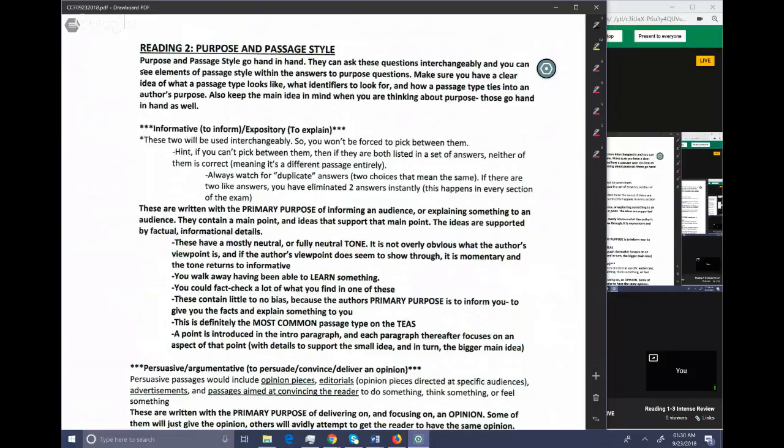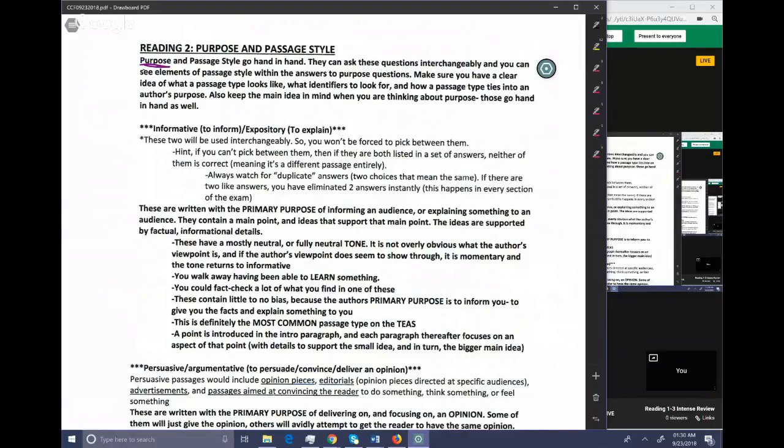I could say that my main idea is elderly are at a higher risk of falling than anybody else, and my purpose could be to write this to hopefully help someone be aware of this risk and prevent a fall, in addition to just making people knowledgeable about the situation. So sometimes purpose goes above and beyond main idea, and sometimes it doesn't.